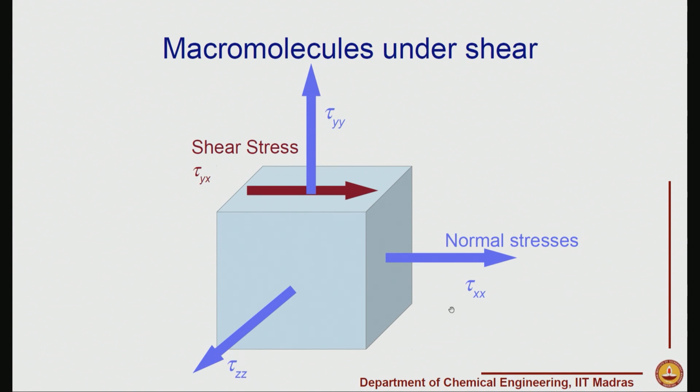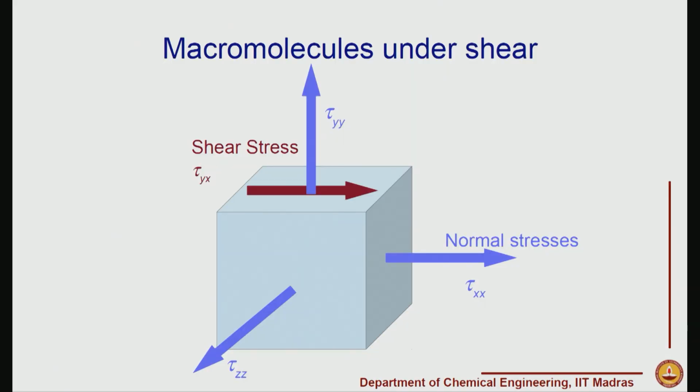Therefore, in the macromolecular fluid under shear, we have stress components which are not only shear stress, but also these normal stresses. The normal stresses that arise, which are due to the stretching of the macromolecule and its orientation, are very important in explaining the unusual flow phenomena that we saw earlier, namely extrudate swell or die swell, as well as the rod climbing effect.